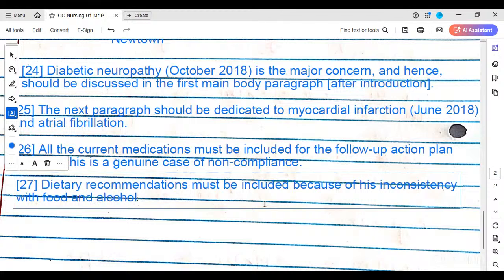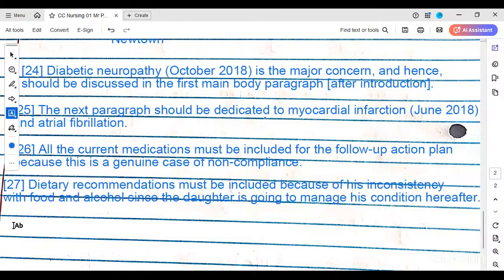Since the daughter, Mr. Peter Dunbar's daughter, is going to manage his condition hereafter.